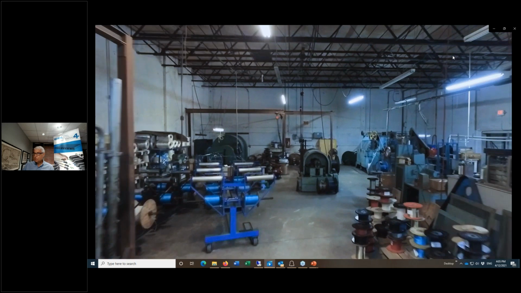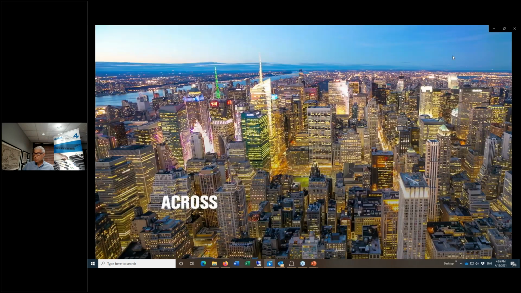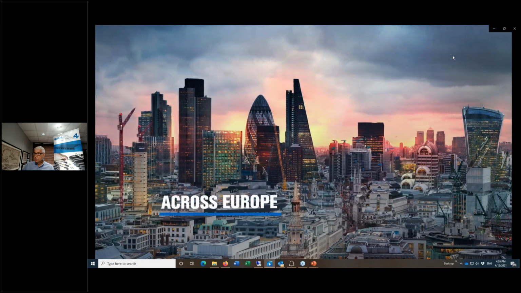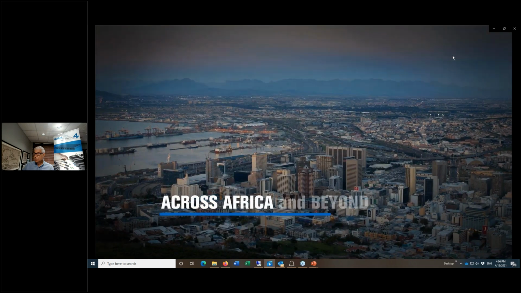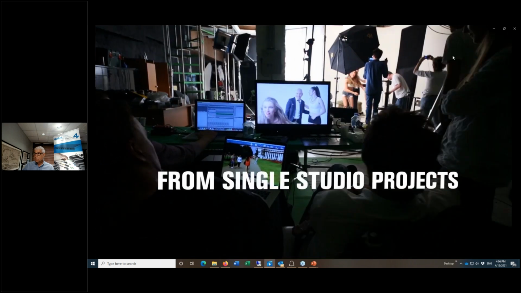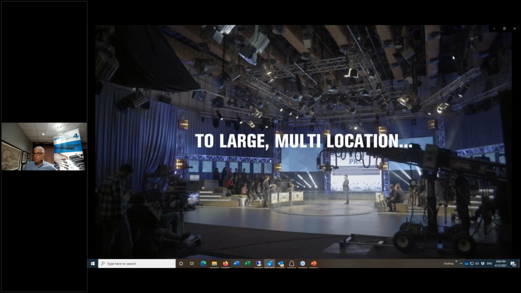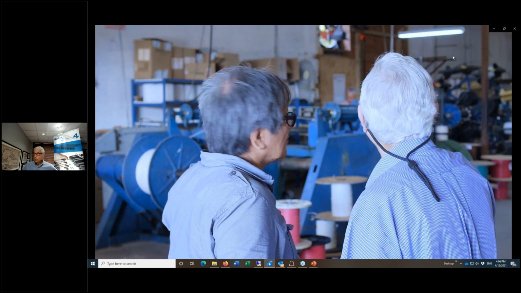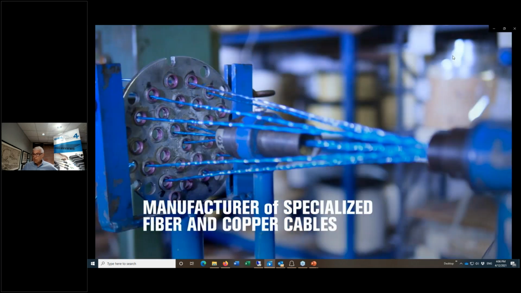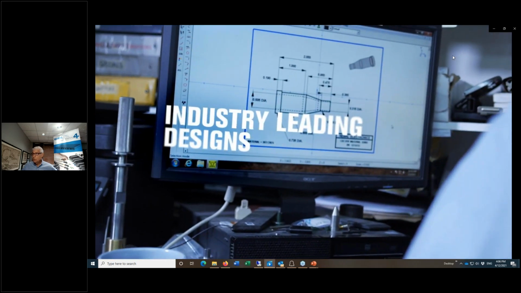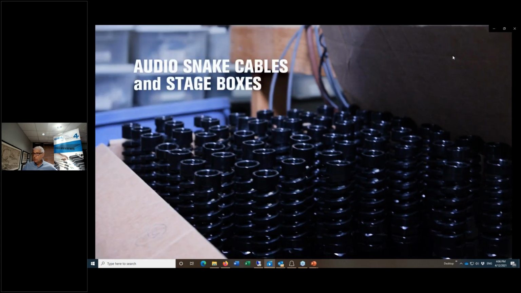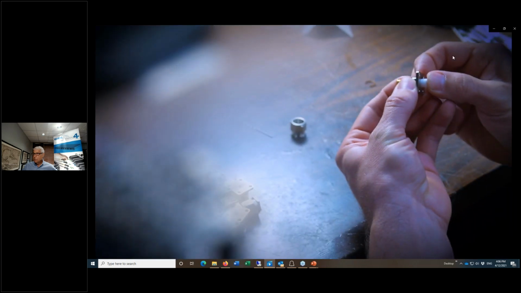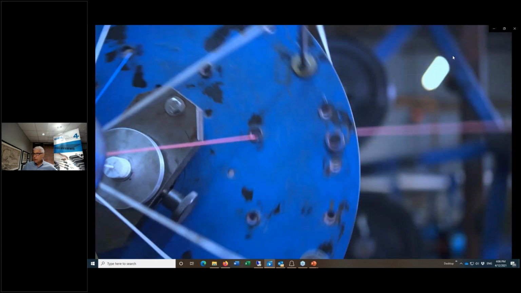Welcome to our plant. It's a 12-channel audio cable going into DT12 connectors, manufacturing Teflon insulators, that's a planetary cabler.